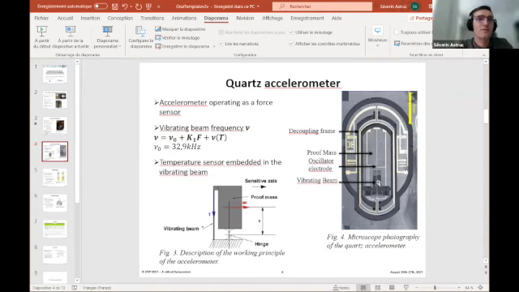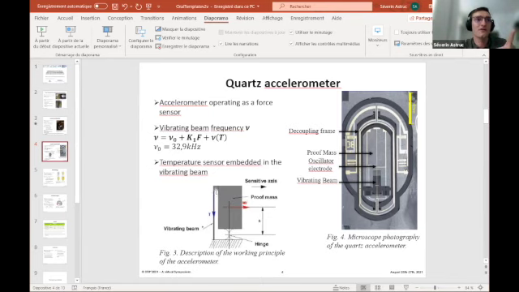We have a quartz vibrating beam linked to a proof mass here, and a decoupling frame. When the proof mass receives a force or acceleration on one face, it will rotate around two hinges which link the proof mass to the decoupling frame.